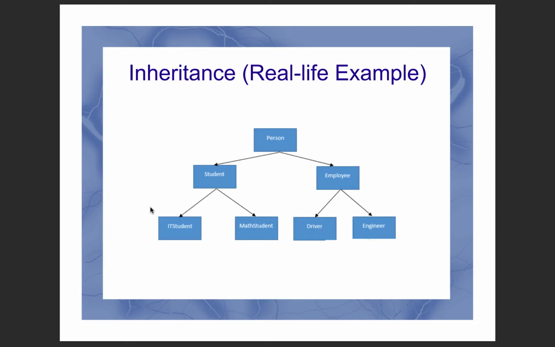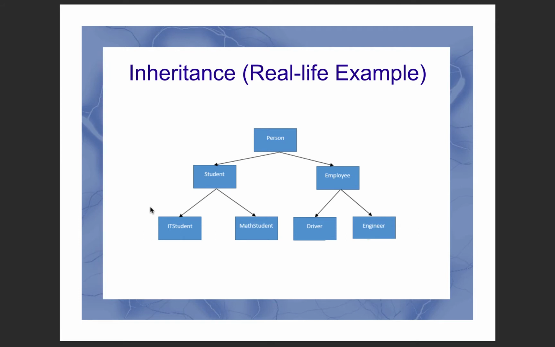So for example, in real life inheritance examples, a person can be a student, a person can be an employee, and a student can be an IT student, a student can be a math student. Similarly, an employee can be a driver or an engineer. So these are the inheritance concepts, one under another.